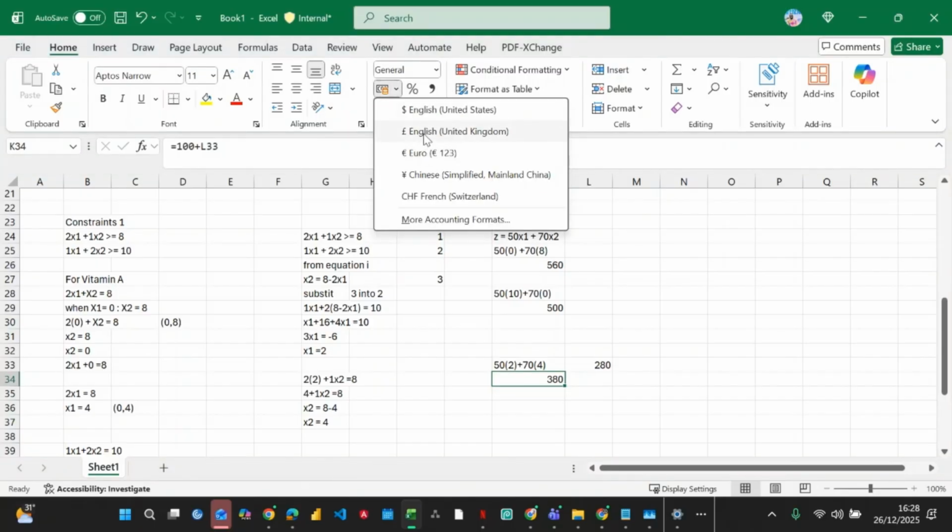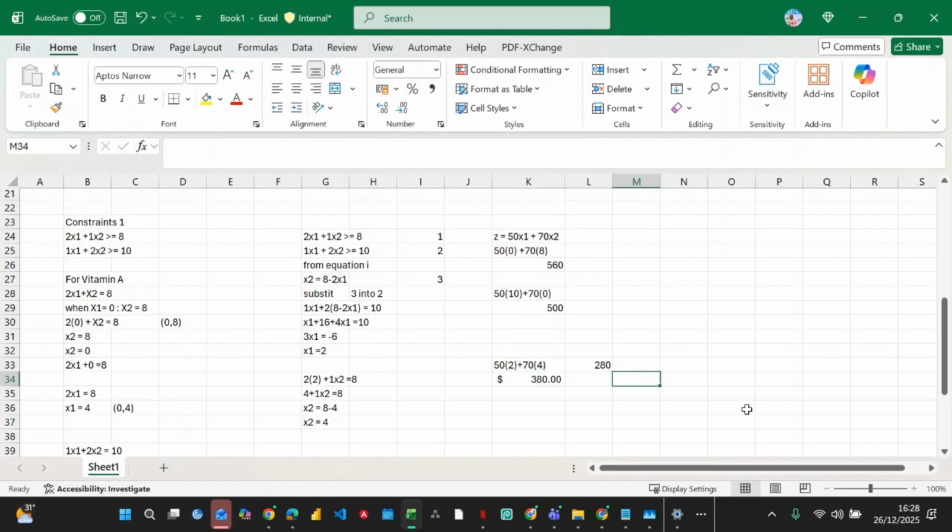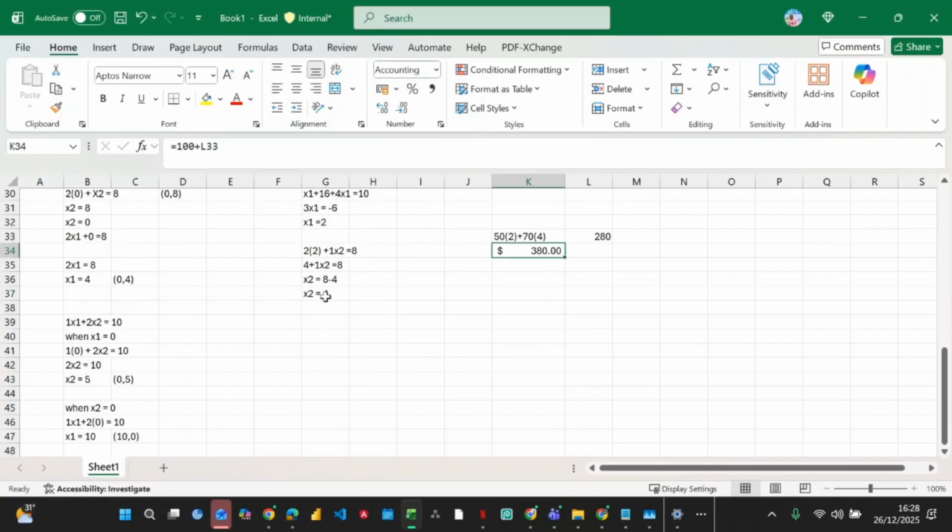Very, very important. Make it naira. If you don't do it, the lecturer will shine. So 380 naira is our optimal solution. That's what you're looking for.